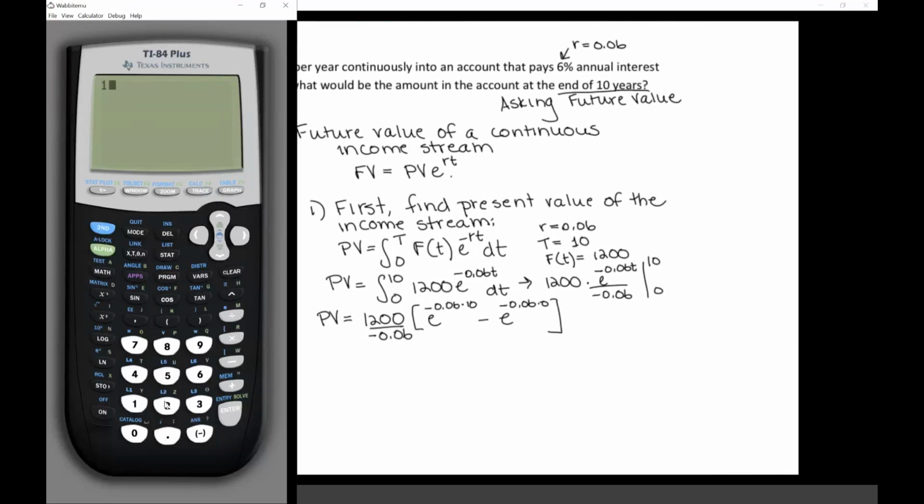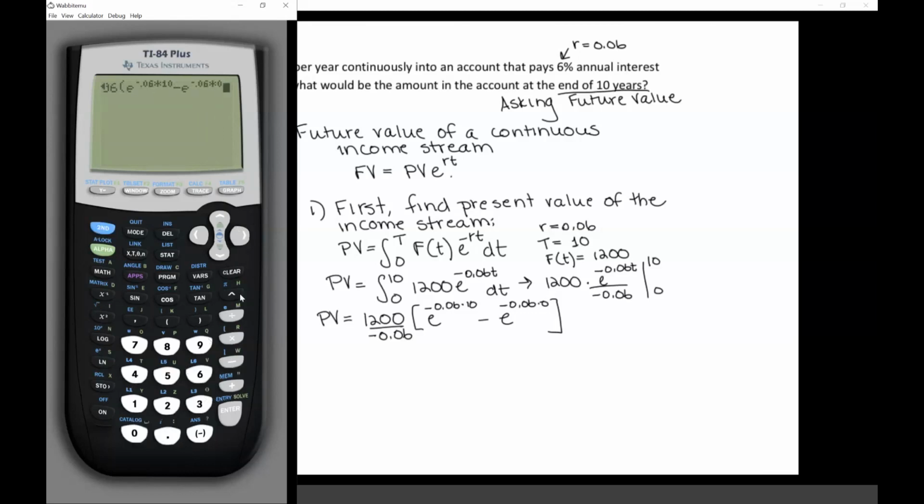So that's 1,200 divided by negative 0.06 times e to the negative 0.06 times 10 minus e to the negative 0.06 times 0.